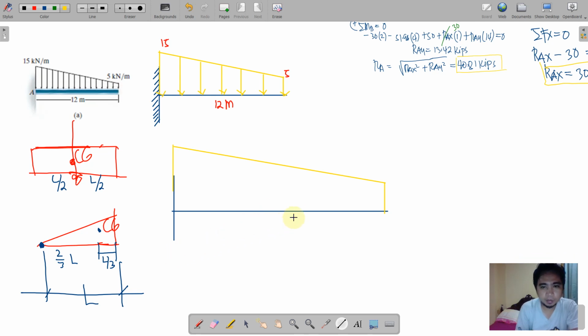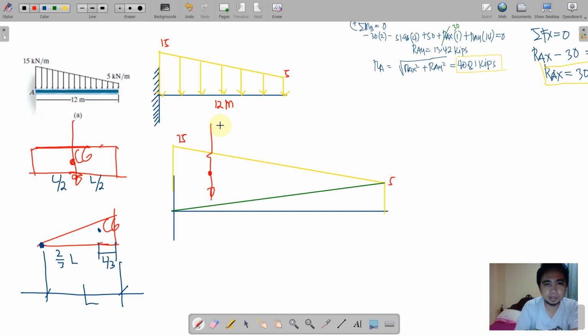So, ngayon, pwede mong i-divide siya ng dalawang triangle. So, I'll just connect that one. So, magkakaroon na tayo ng dalawang triangle dyan. So, going back to the loading here, this is 15. And the other one is 5. We'll just have to get the centroid here.